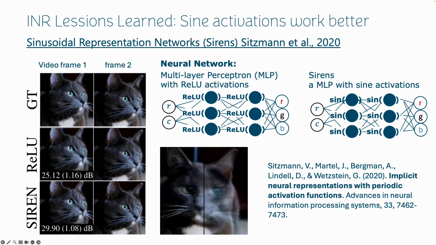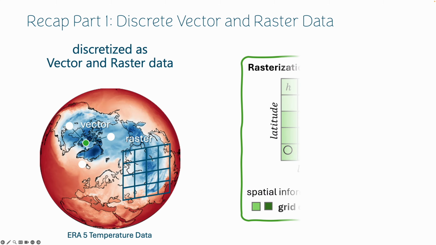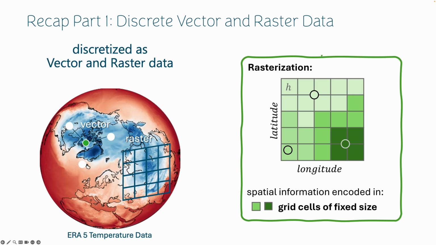Let's go back into the geospatial domain and do a little bit of a recap. Our world is continuous, and usually the way we store geospatial data is in discrete formats like vector or raster. There's plenty of tools to convert between the two, like interpolation or rasterization, and there's a very established field of geoinformation science.